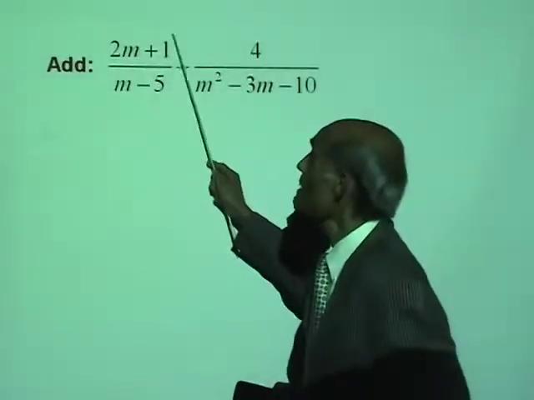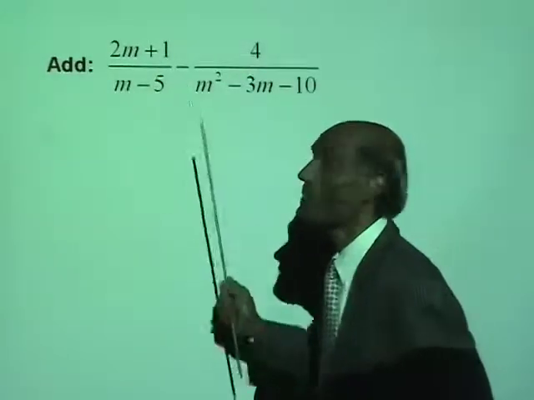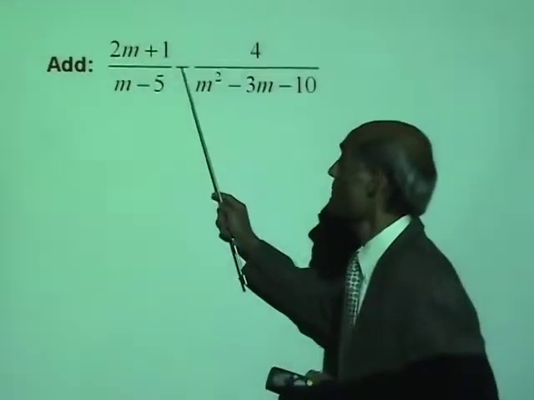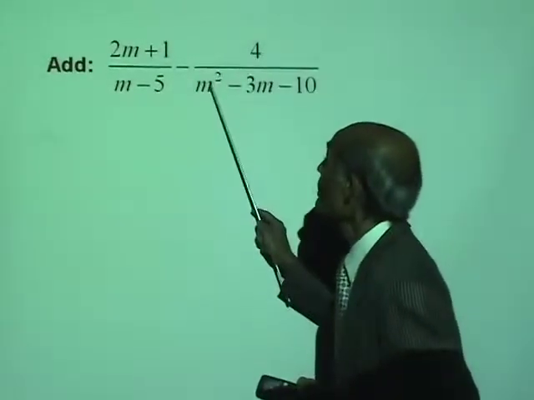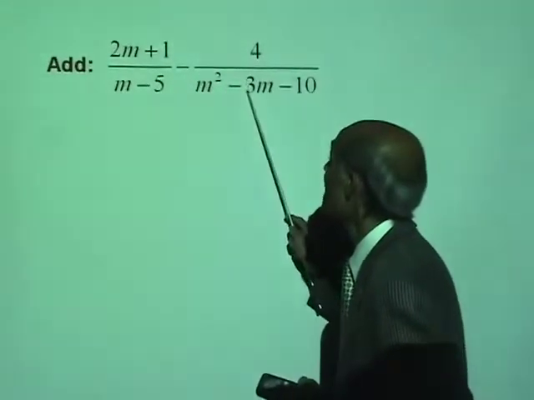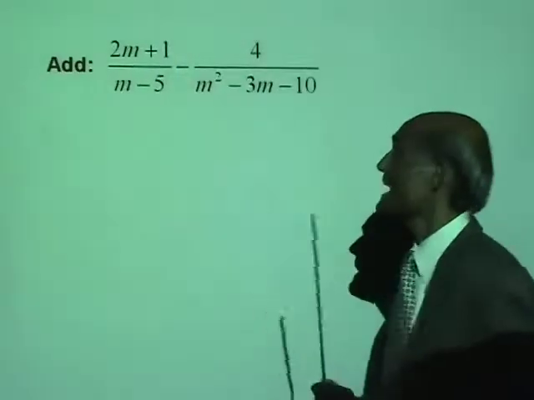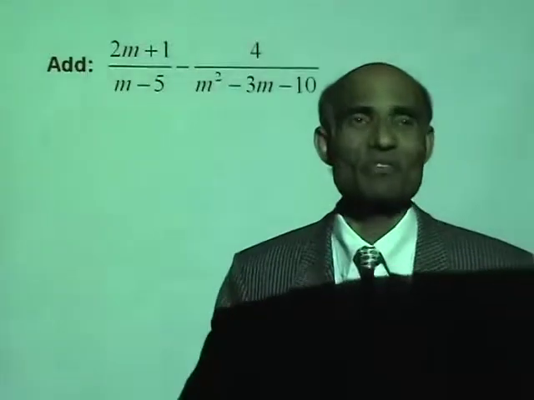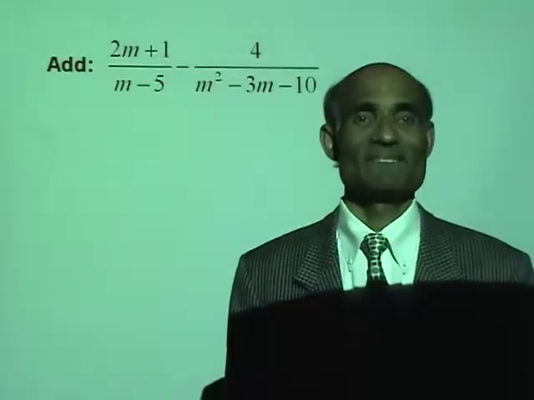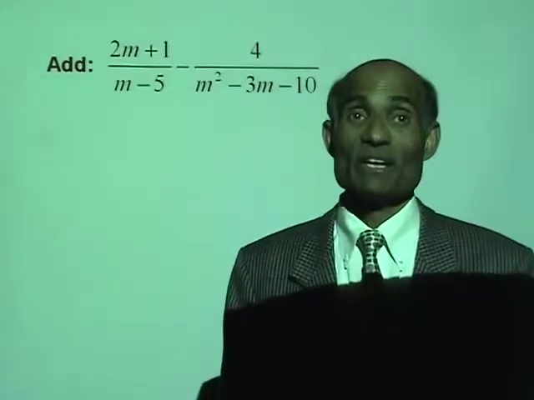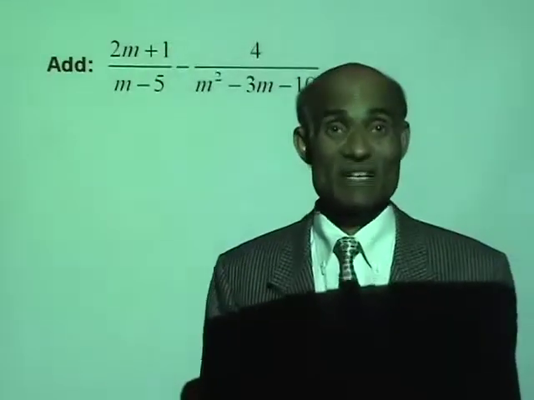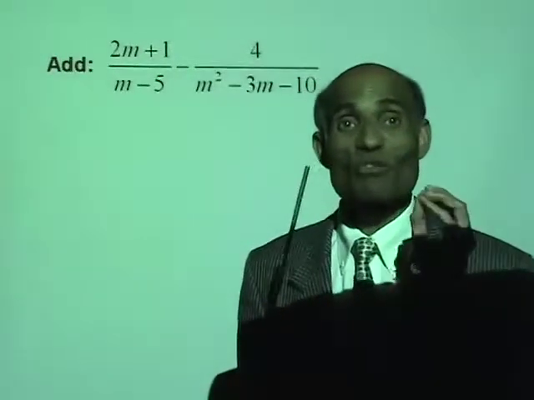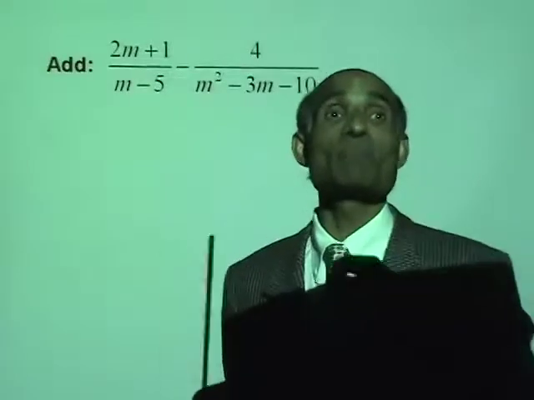Add 2m plus 1 over m minus 5 minus 4 over m squared minus 3m minus 10. Can you tell me what you will do here first? Well, in order to find the LCD, we've got to first of all factor the denominators.